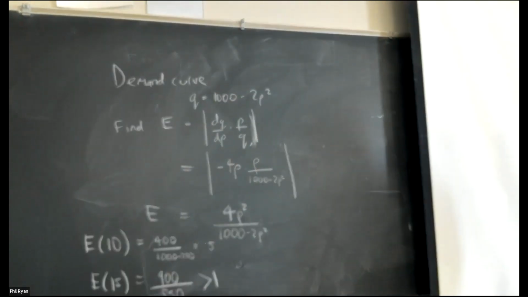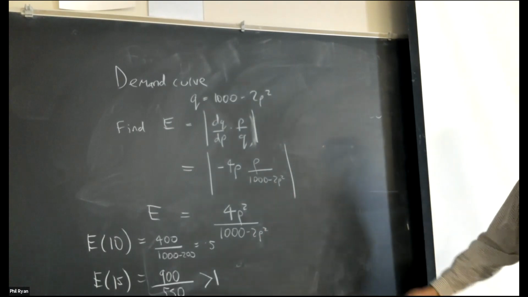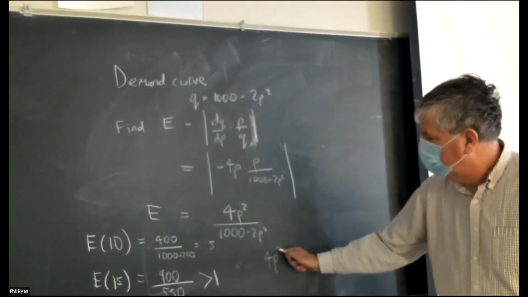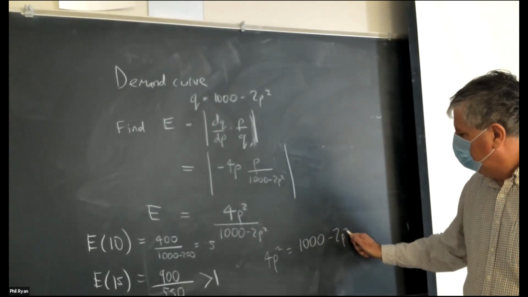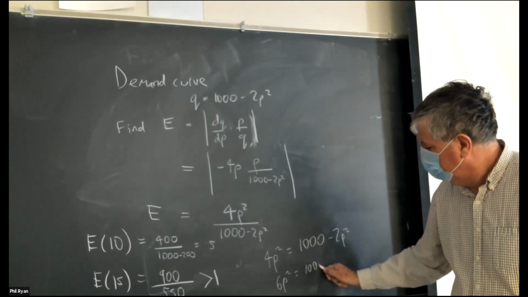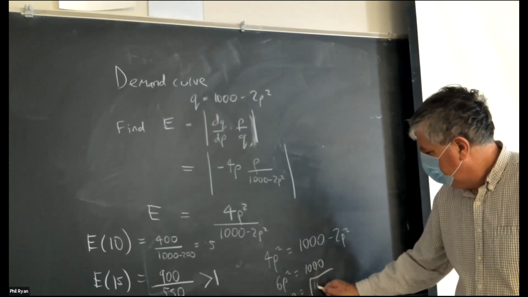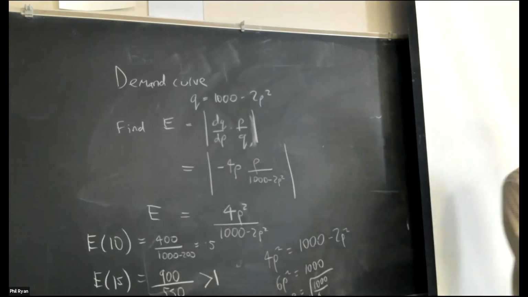Okay, so we can ask, where does E equal 1? When E equals 1, that's where we're going to maximize revenue, and that's going to be when 4p squared equals 1,000 minus 2p squared. So 6p squared equals 1,000. So p equals the square root of 1,000 divided by 6, whatever that is.